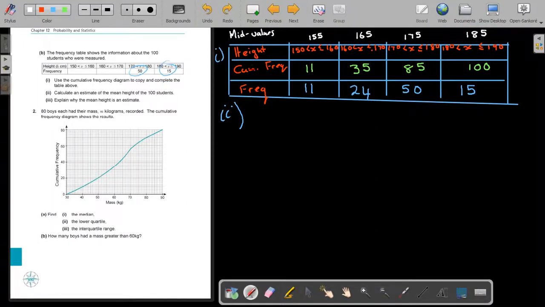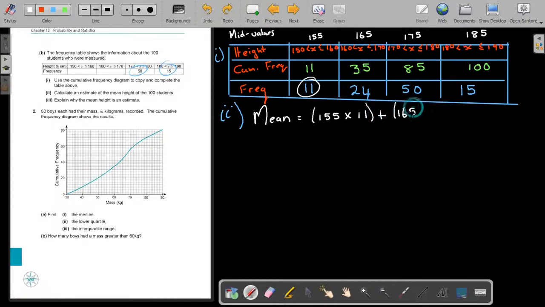Okay, and then basically what I do, I'm just going to find my mean. I'm taking that mid value and I multiply it by the frequency.